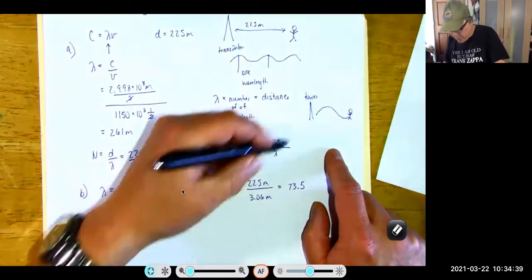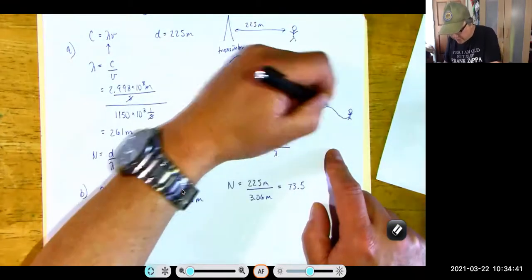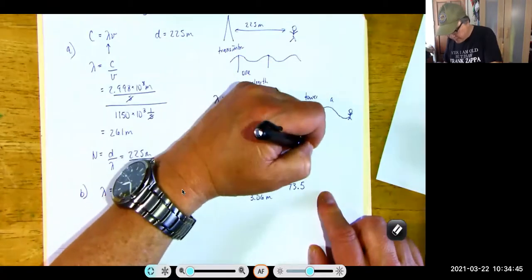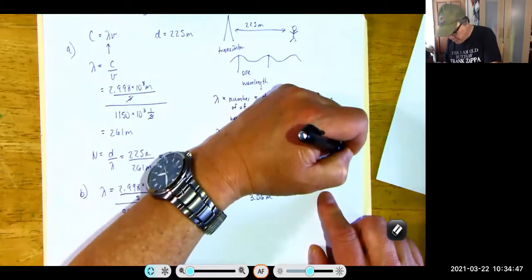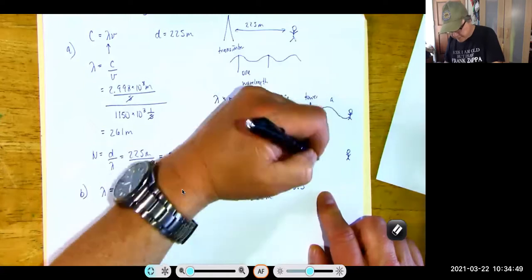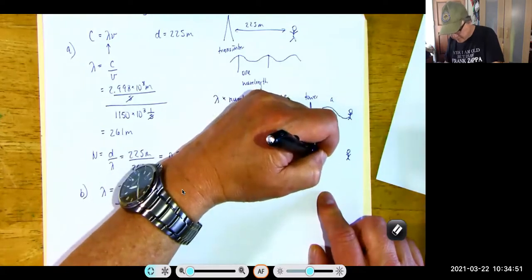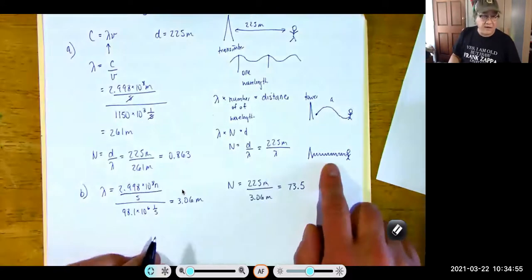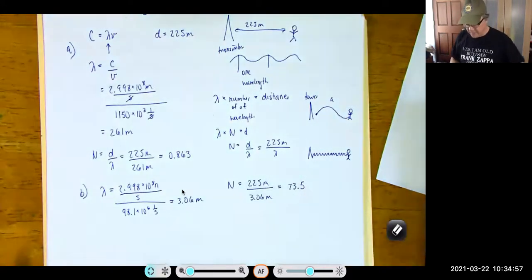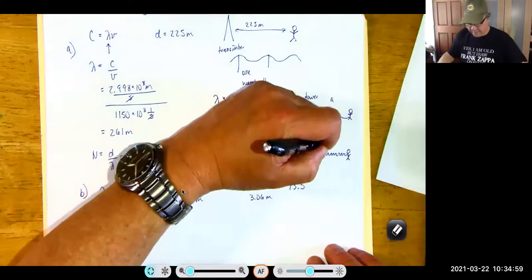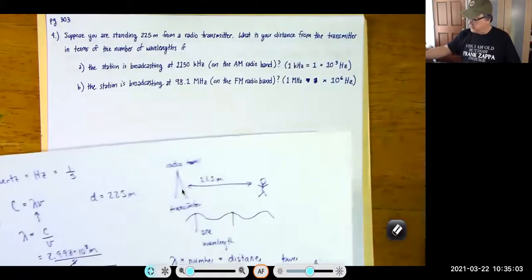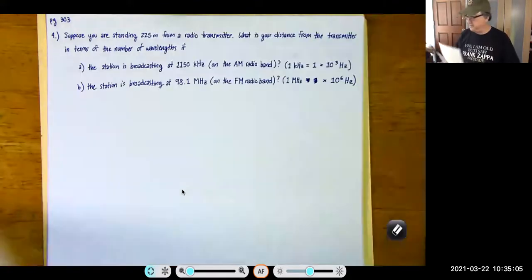So you see, we don't get back to 0 here, and this would be for A. And for B, it would look more like this. And there's 73.5 wavelengths in there. Okay. All right. So let's put that off to the side.